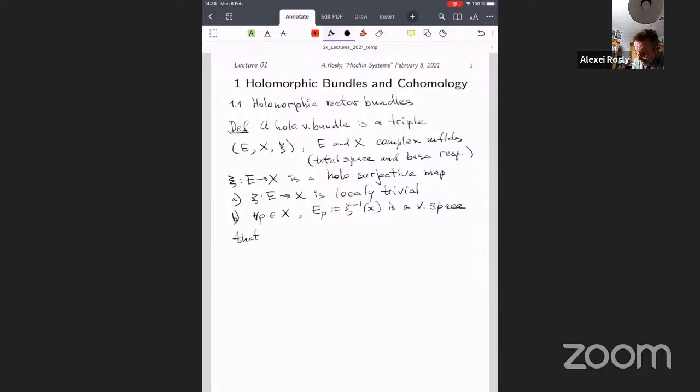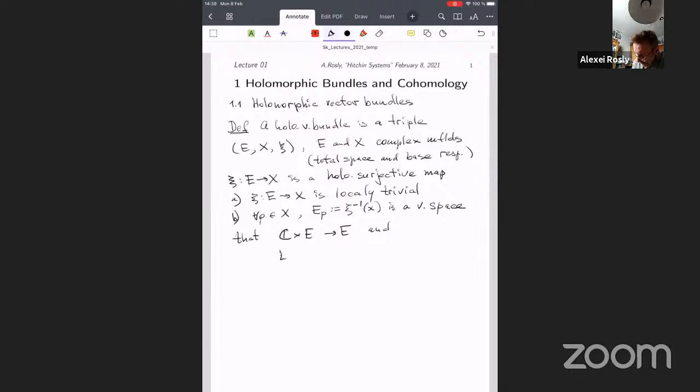Let us write this in the following form. The operation of multiplication with a scalar is a map from the product to E. And the operation of adding two elements from the same fiber.